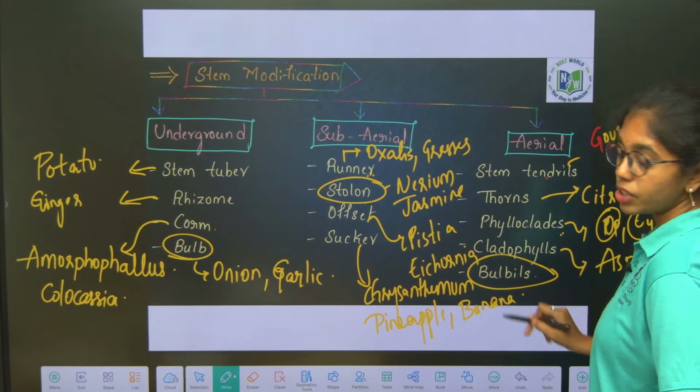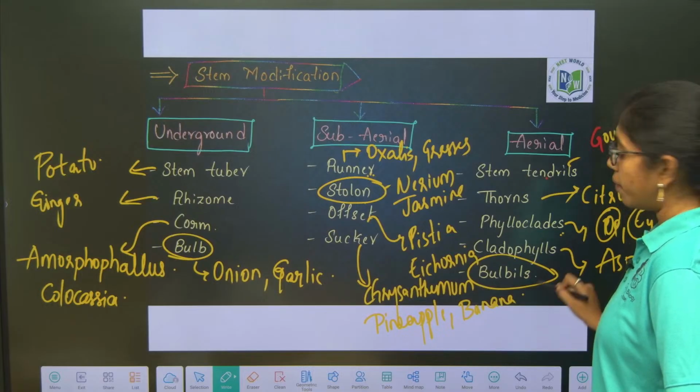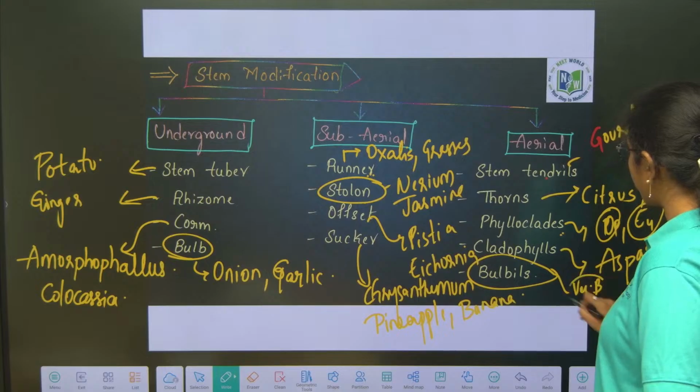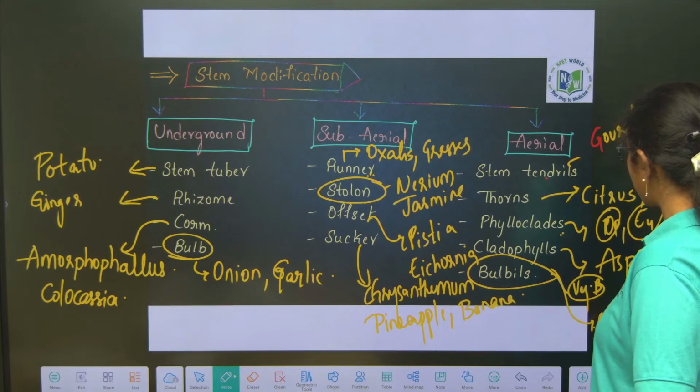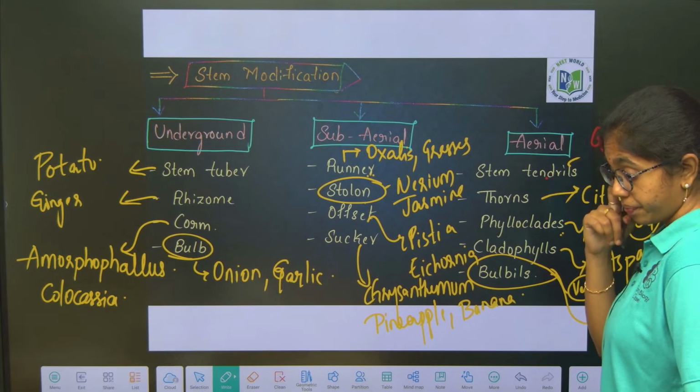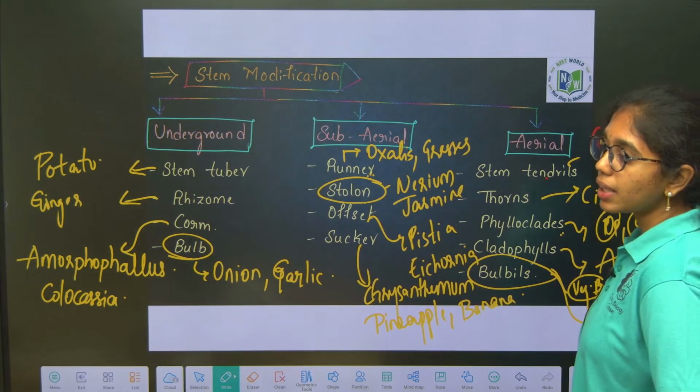Bulbils include vegetative buds and floral buds. Vegetative buds: Dioscorea. Floral buds: Agave. So, clear with all the examples?